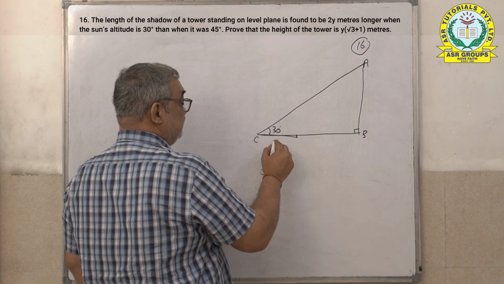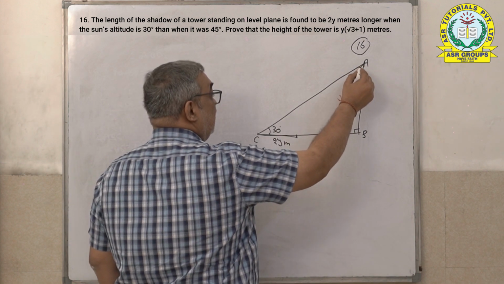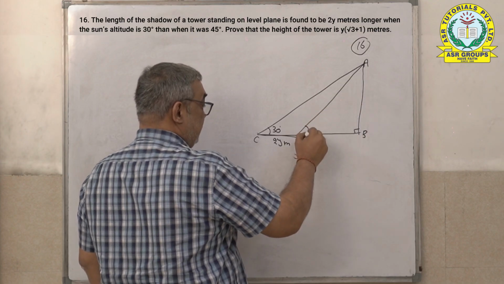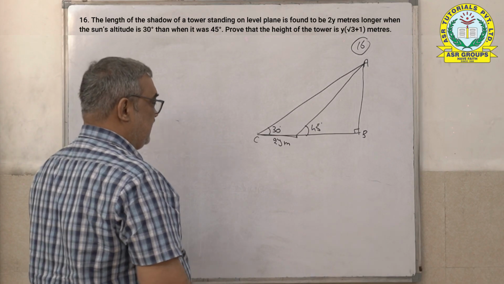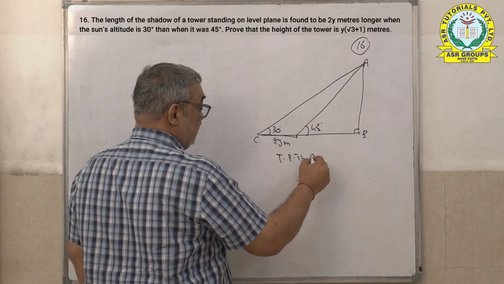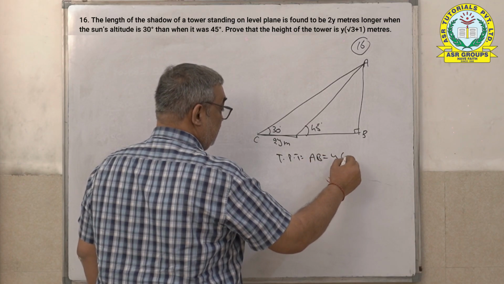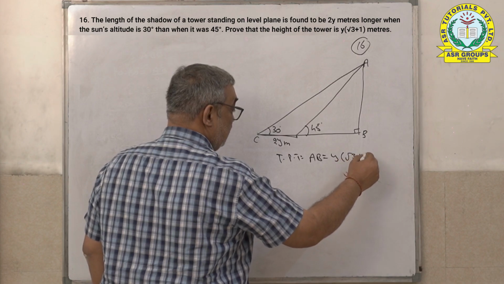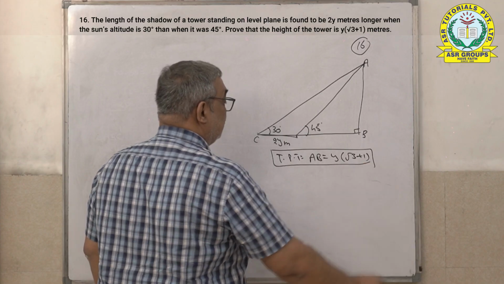This distance is 2y meter. Here angle of elevation is 45. I have to prove AB, means height of the tower, is this. I want to prove.